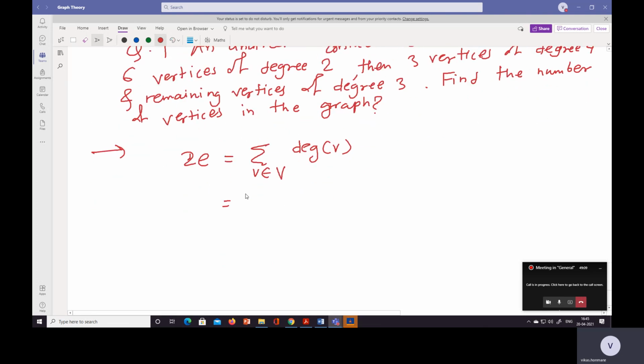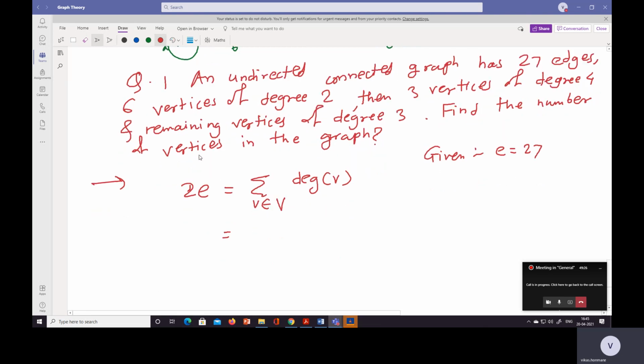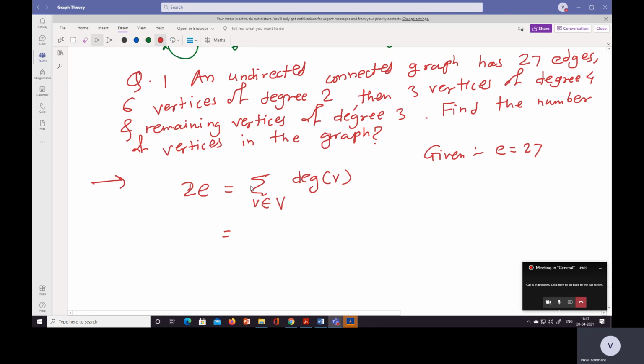Okay, so here what is given? We have been given the edges. So firstly, try to list down the things given: edges is equal to 27, and we have been given different vertices with their degrees. So we have to take the summation of the degrees of all those vertices.